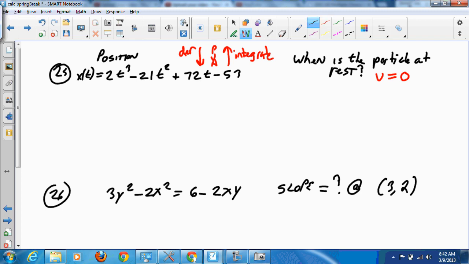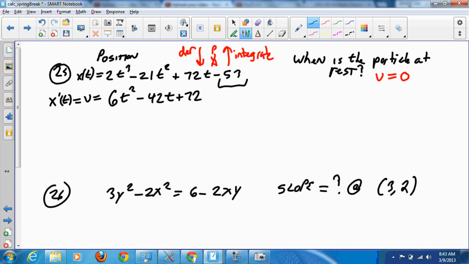It's not really too complicated, but taking the derivative of the position is going to equal the velocity. So we have 6t squared minus 21 times 2 is 42t to the first plus 72, and of course this part goes to 0.